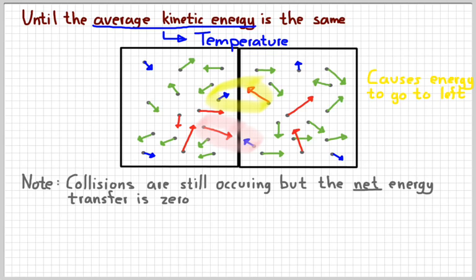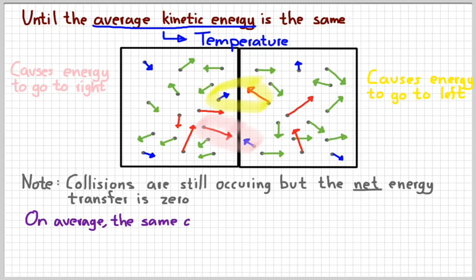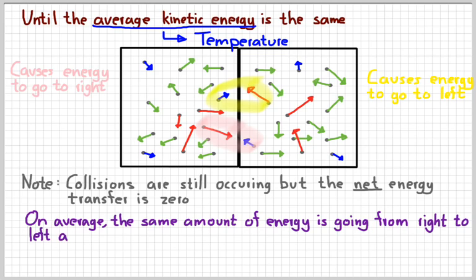This collision right here is going to cause energy to go from left to right. So the average on both sides is going to be the same. We're going to have some energy transferred from left to right, but we're going to have some energy transferred from right to left, and those two are eventually going to even out, so that the net energy flow is zero.